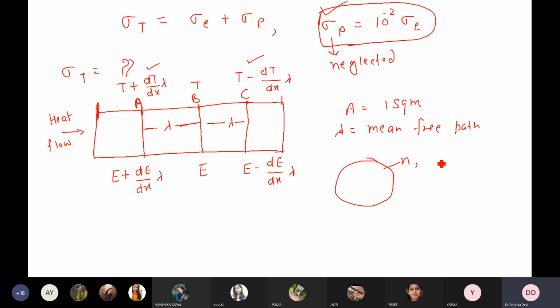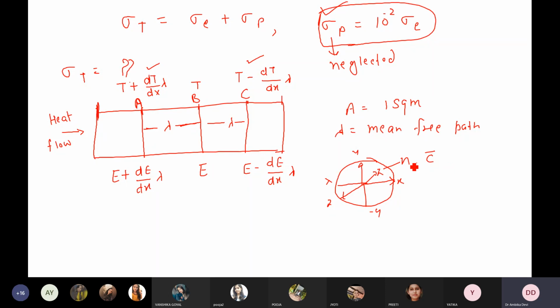Let us say c bar is the average velocity of those electrons, right? We have three perpendicular directions. So movement will be in which directions? In x, in y, in z, in positive x and also in negative x, negative y and negative z.